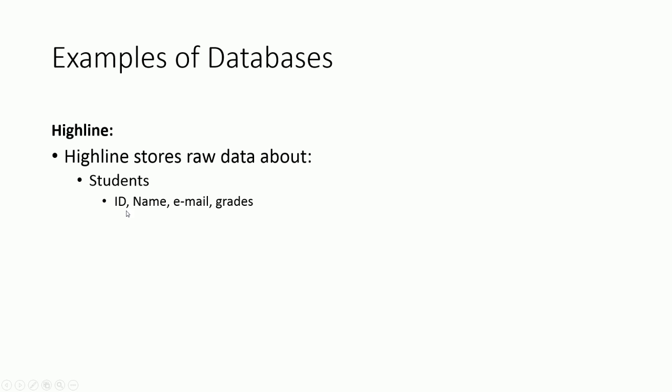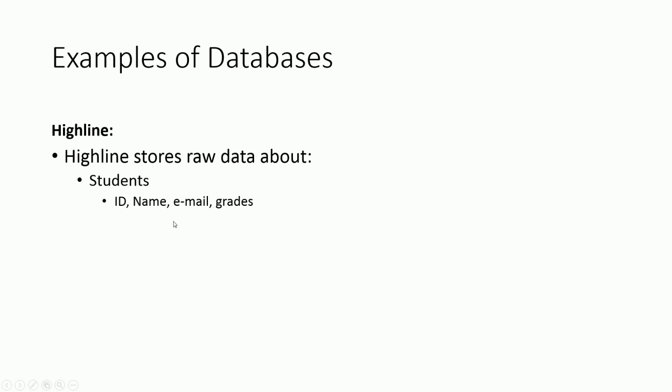So here at Highline, your student ID, there's only one. And so all the information about you gets stored in one place. And that's because we have student ID, a unique identifier. There are no duplicate IDs.